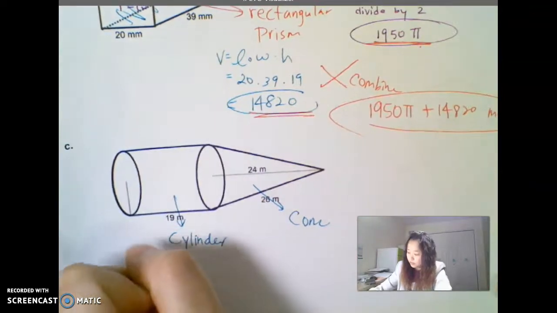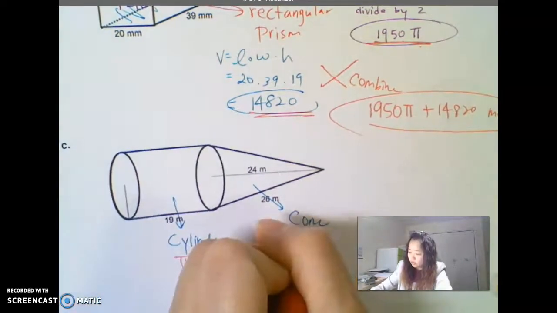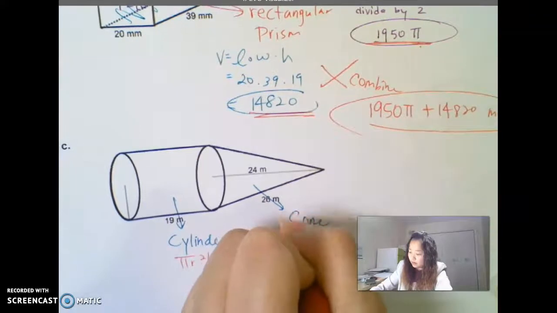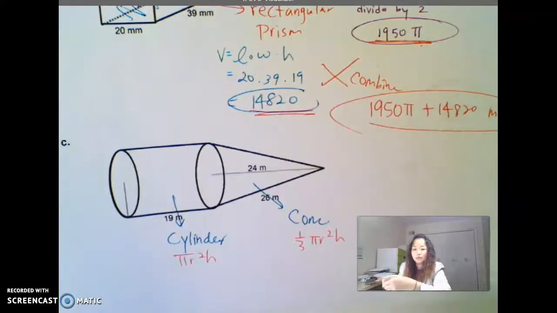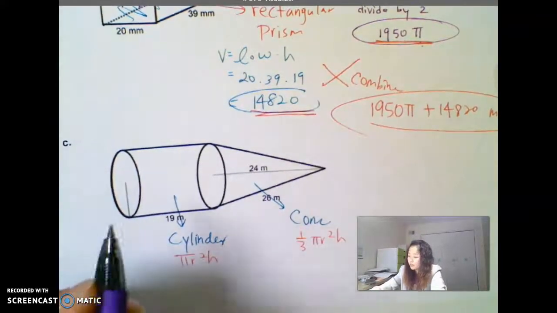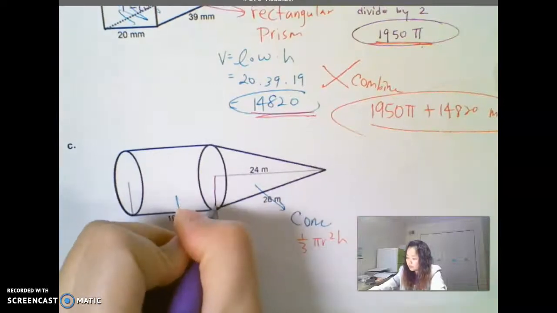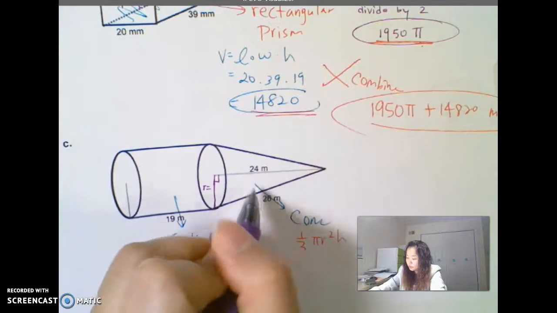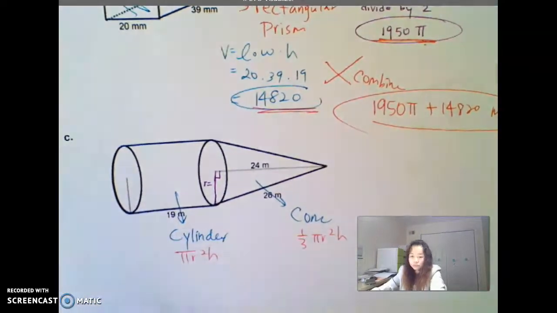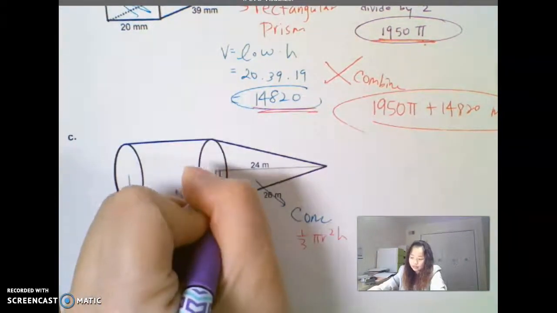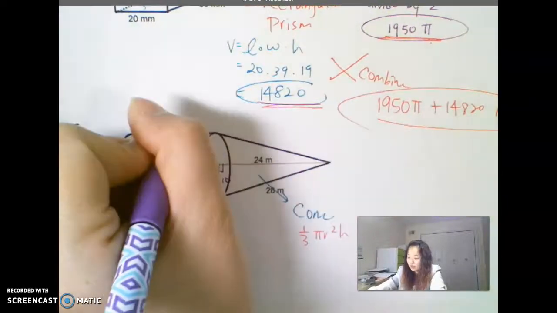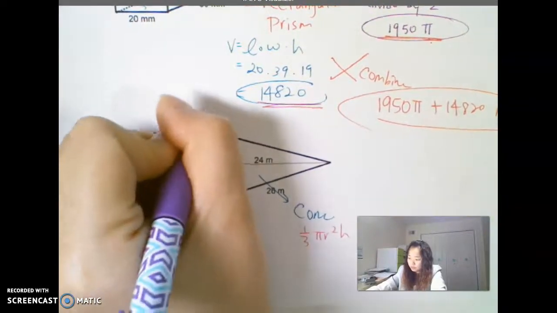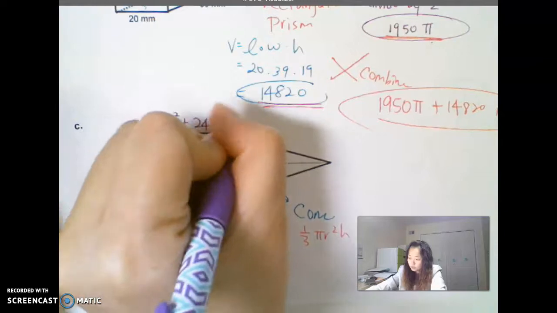So the cylinder is pi r squared h. The cone is 1/3 pi r squared h. And we have to find both of them. What is the radius? They didn't tell us. But I have 12 and 26. So use the Pythagorean theorem. You will set it up as a squared plus 24 squared equals 26 squared.